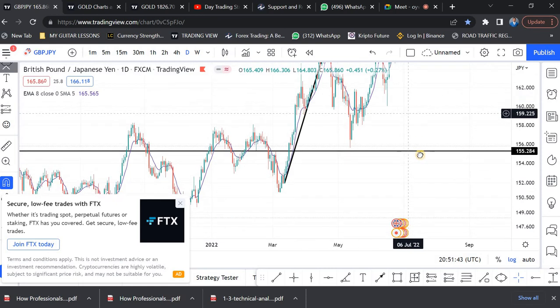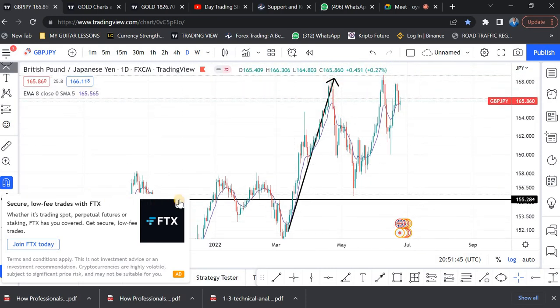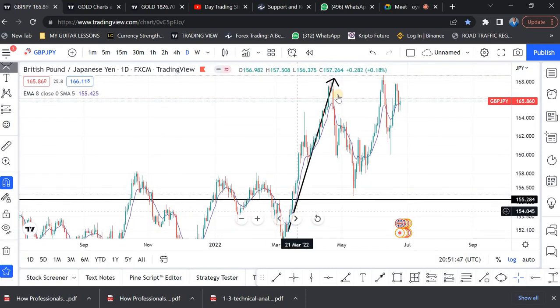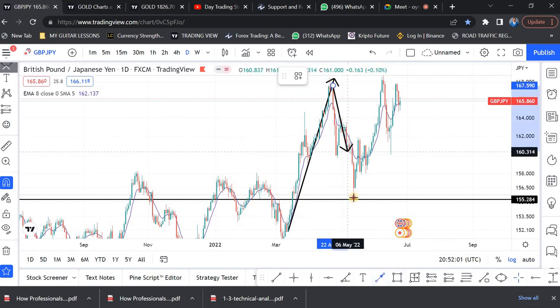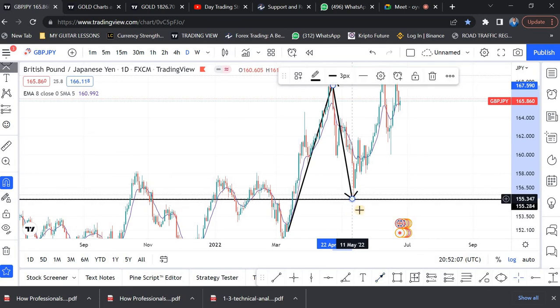So price moved from down here up to this level, and there was a pullback which came back to test this resistance, which is now serving as a support because it has been broken. So as it came down, let me draw it for you to see. It came down to this level to touch this line, which is serving as a support this time round. The moment it touches the support, it went up again.